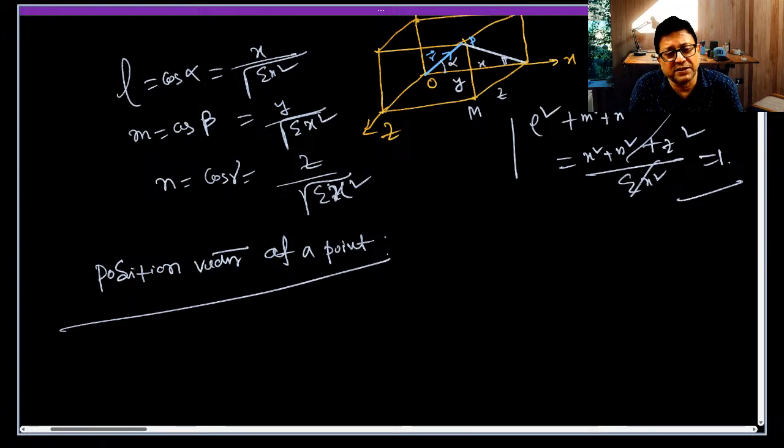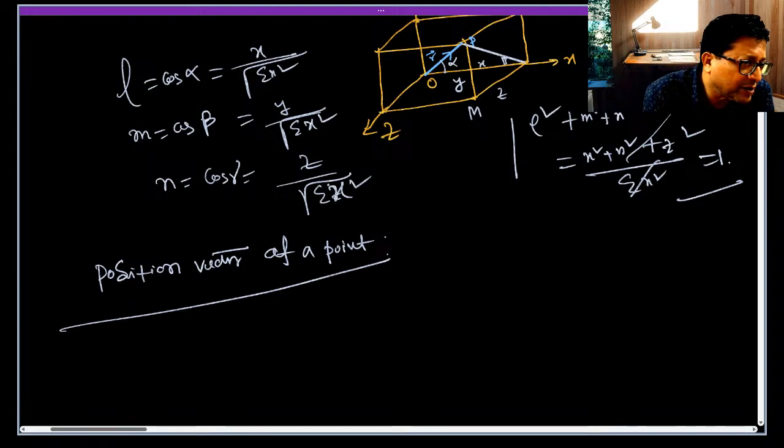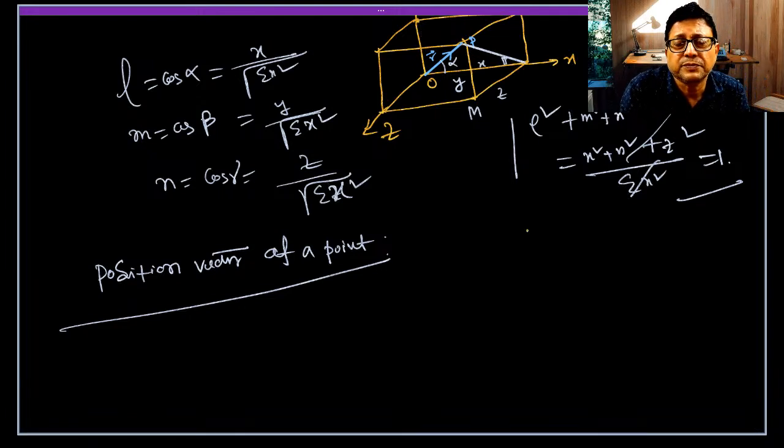What is the meaning of it? Are we going to represent a point over there? No, we are not going to represent a point. We are going to find the position of a point with respect to a 2 or 3 dimensional coordinate system by using the concept of vector.